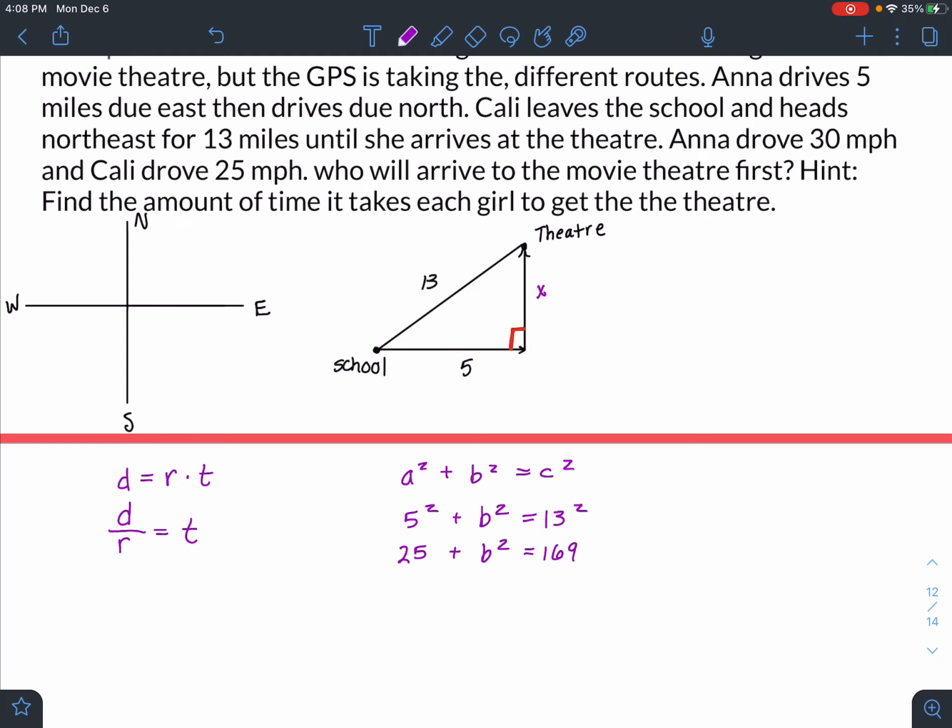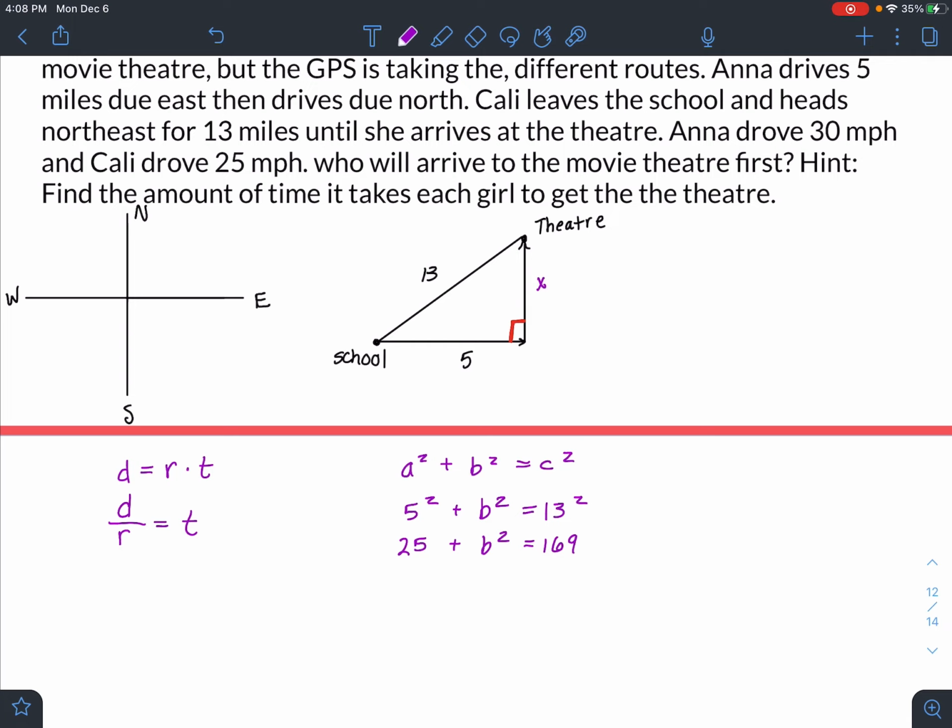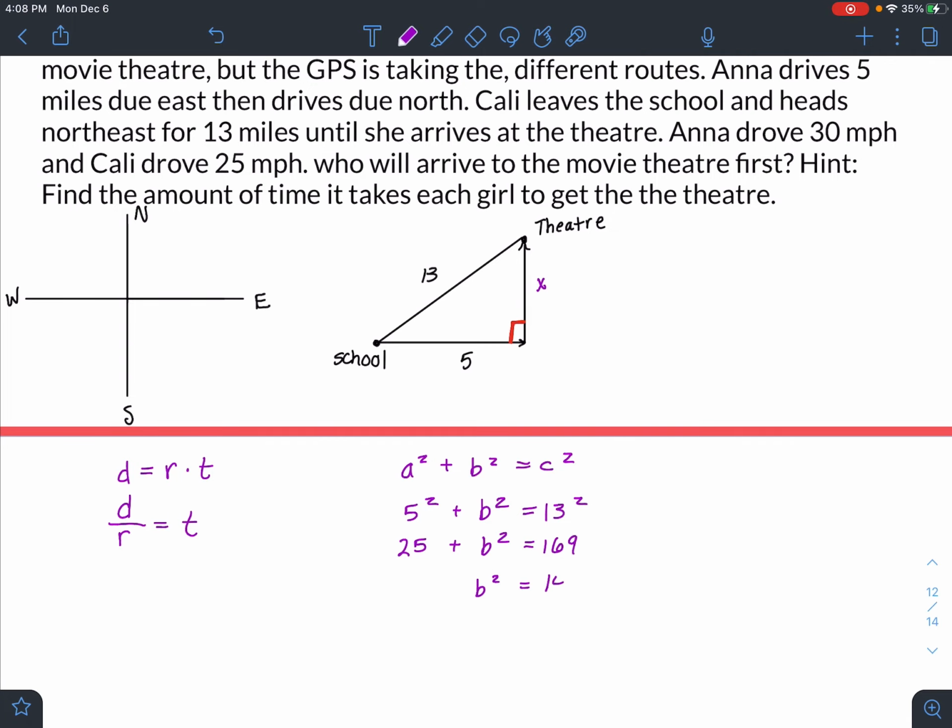And we have B squared. Subtracting 25 from both sides, we get B squared equals 144. And then taking the square root of both sides, b equals 12. So I can replace x with 12 now.